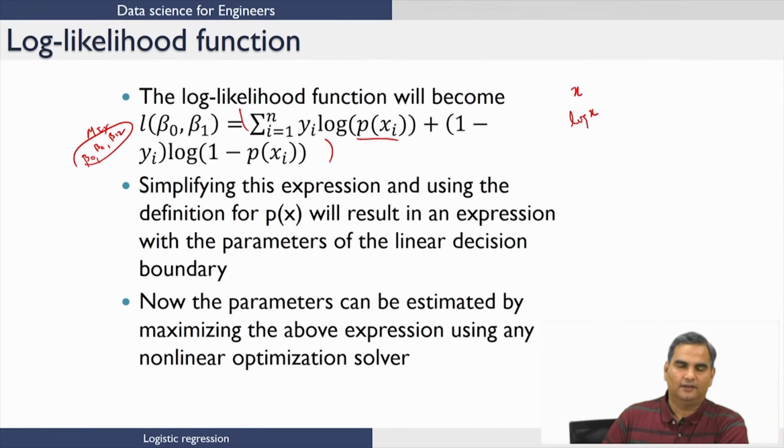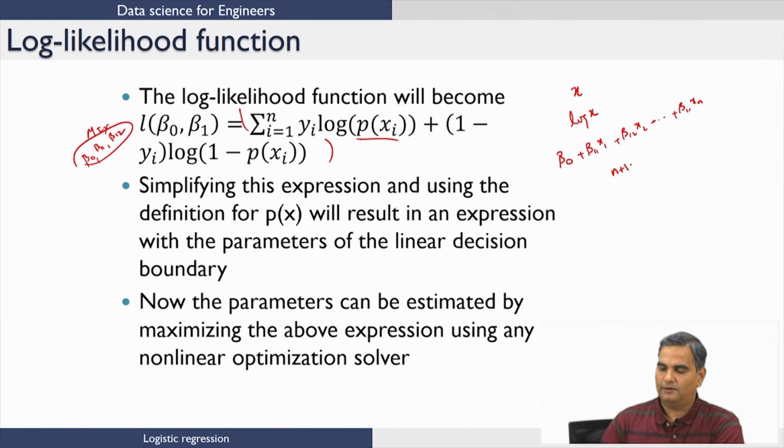In this case it is a 2-dimensional problem, so we have 3 parameters. Now, if there is an n dimensional problem, with n variables, I will have something like beta naught plus beta 1 1 x 1 plus beta 1 2 x 2 and so on, plus beta 1 n x n. This will be an n plus 1 variable problem; there are n plus 1 decision variables.